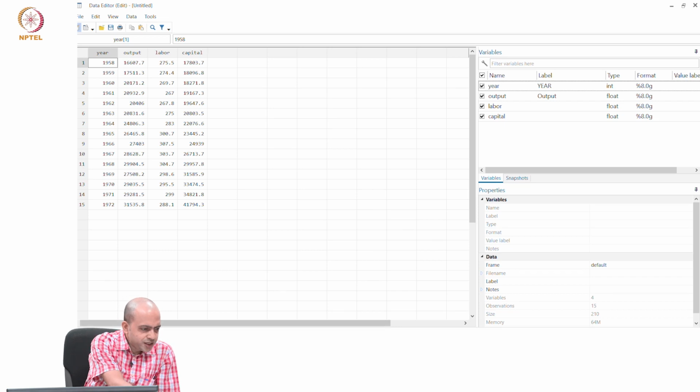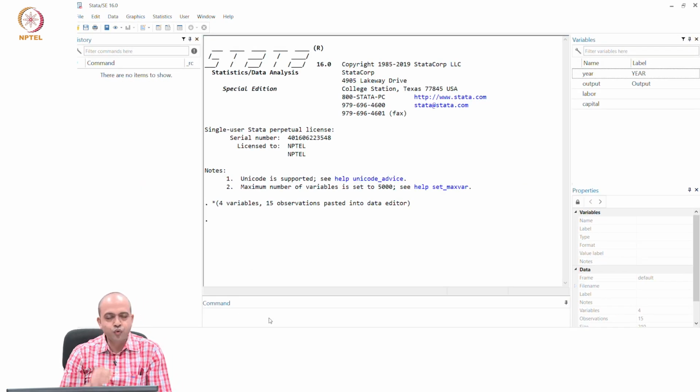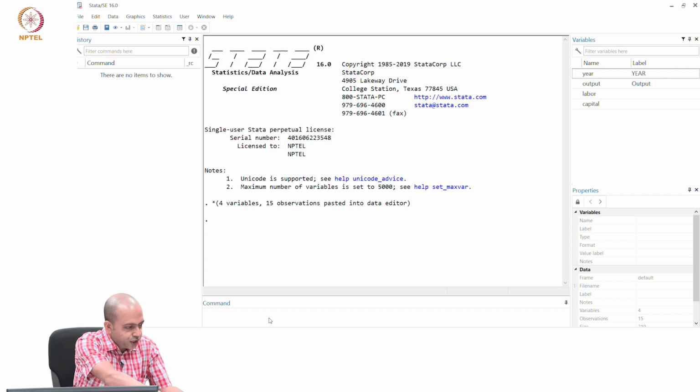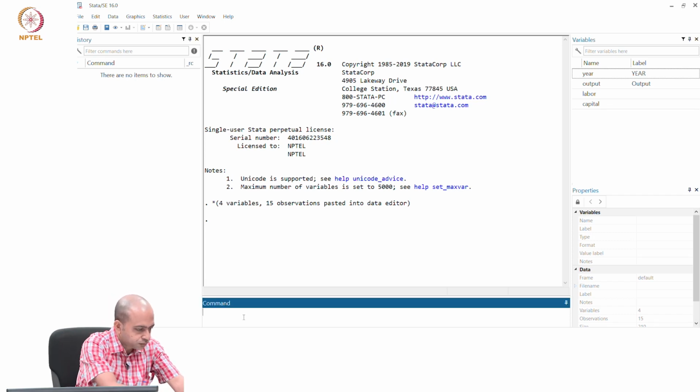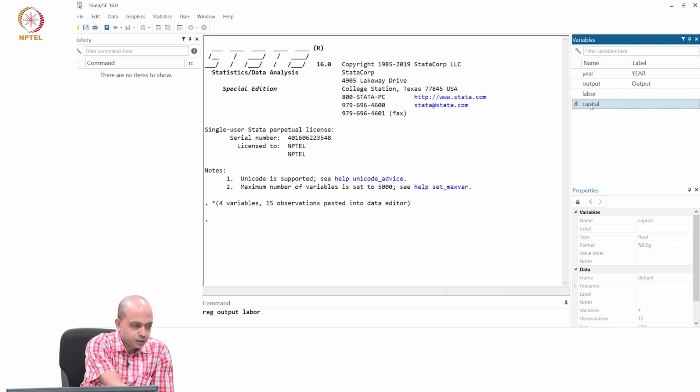Let us first estimate the first model where both yi and xi are linear. So, we will estimate this: reg output, my dependent variable, then my independent variables labor and capital.